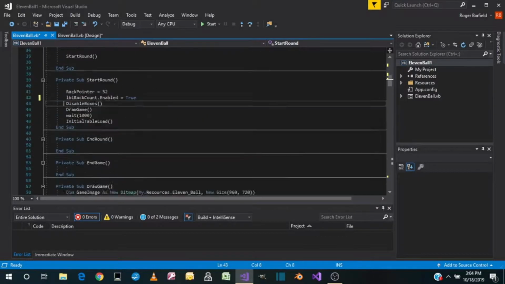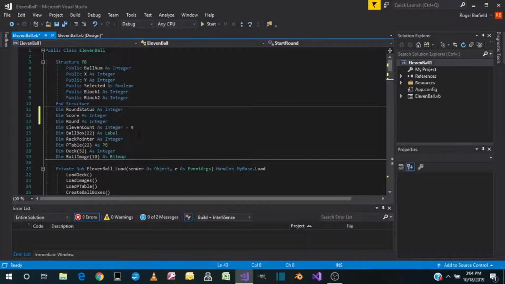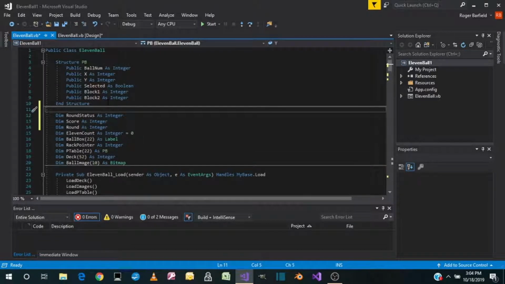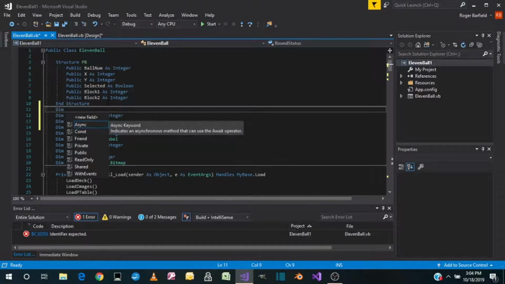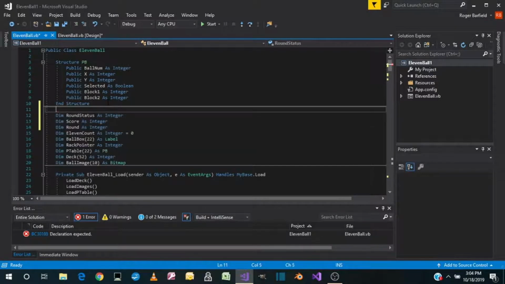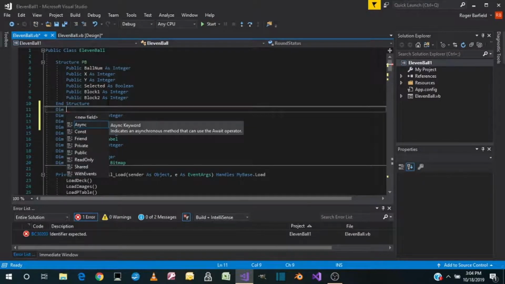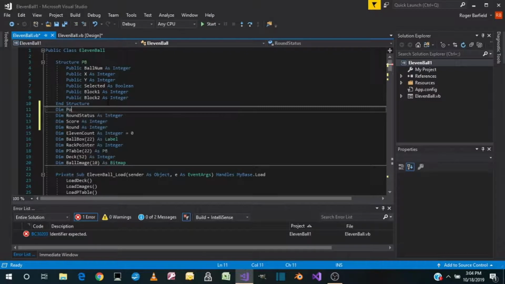Oh, we also need up here the dimensions. I don't know why I forgot this. We're going to need another bitmap array. We need to load all of our points. So what should we call them? What's it called? Point image.